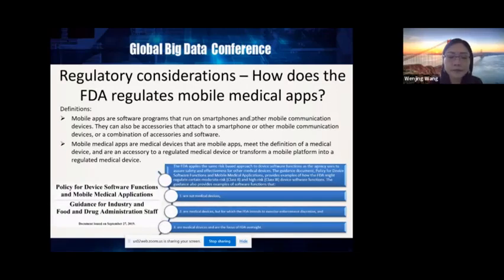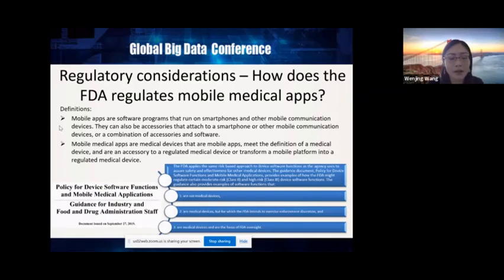So here are some regulatory considerations. How does the FDA regulate mobile medical apps? FDA has some definitions for mobile apps and mobile medical apps, and mobile apps have a much broader definition from FDA's perspective.